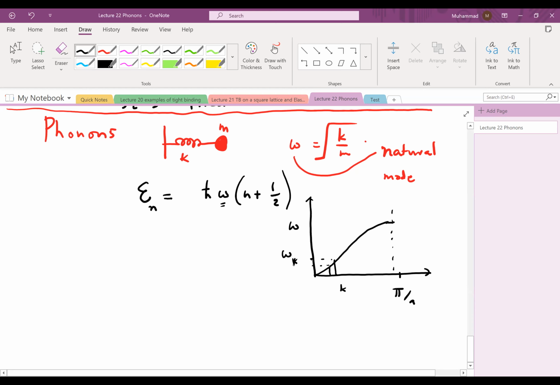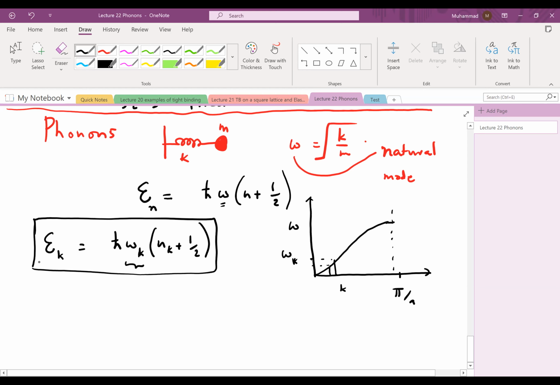Therefore, if our atoms are taken as quantum harmonic oscillators, each harmonic oscillator will carry a certain energy, and that energy is going to be quantized. And I could label that energy as h bar omega k (n k plus half), putting a subscript k. So I'm going to explain this in a minute, but I hope you'll be slightly patient for the time being.